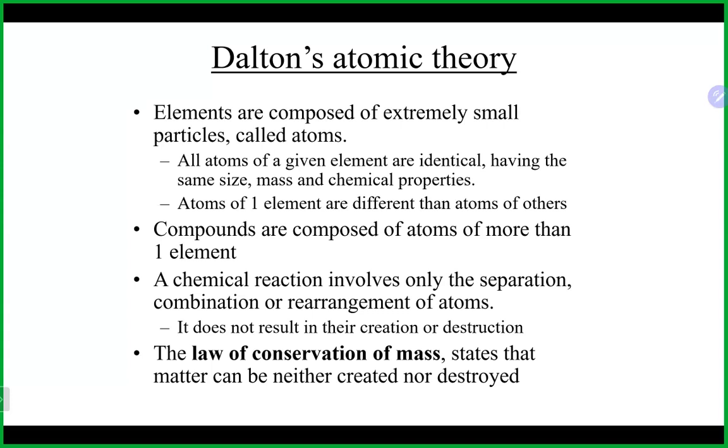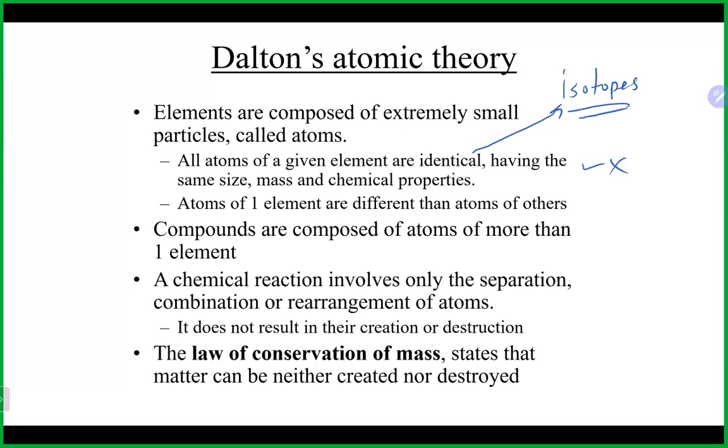The next point is also one of the ideas that is not so correct anymore, and that's the idea that all atoms of a given element are identical. They have the same size, the same mass, and the same chemical properties. Now, when Dalton did it, they didn't know of the existence of what we'll talk a lot more about when you take 1b, which are isotopes.